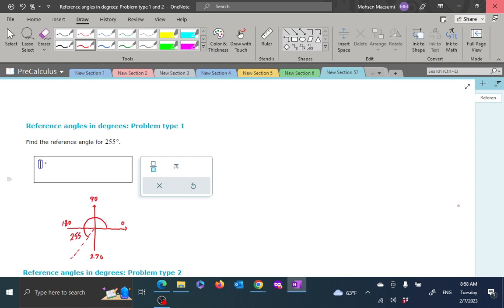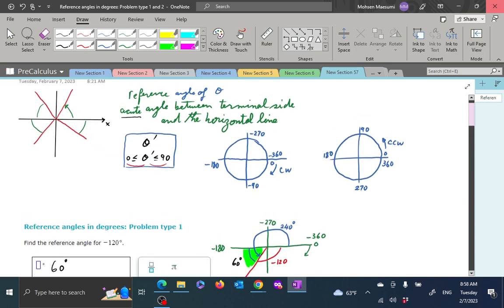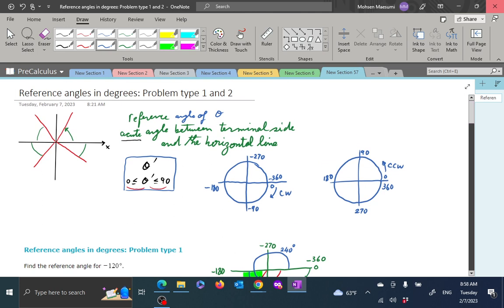So I want to figure out what is the extra. So 255 minus 180, and I have 75 degrees past the horizontal. That's where I stop. Okay, type 2. I compressed these two types in one lecture, so the lecture doesn't become super short.